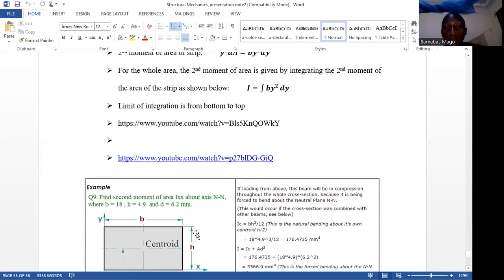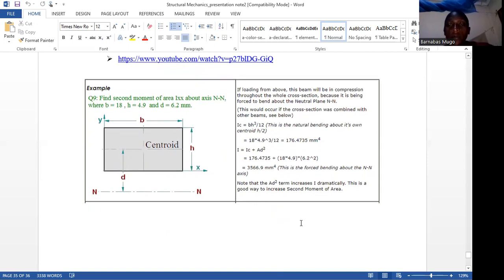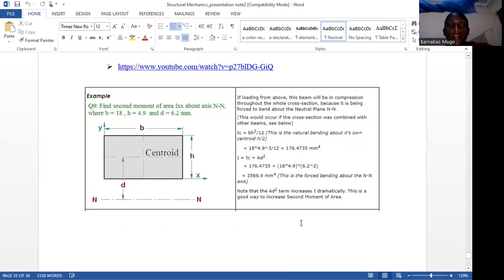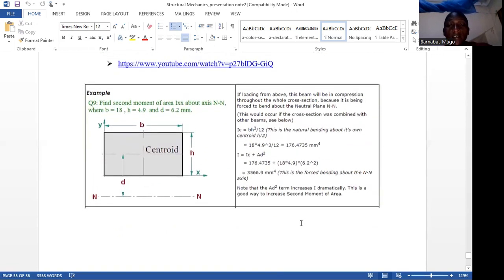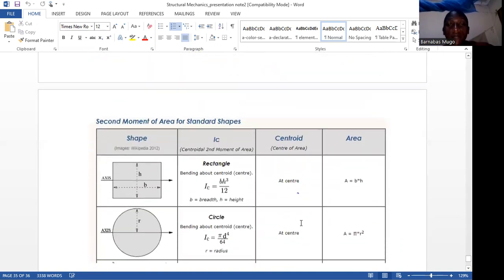And then you can watch those two videos in order for you to be able to determine that. And then you can use this example for you to be able to know how to calculate the centroid and the second moment of area.